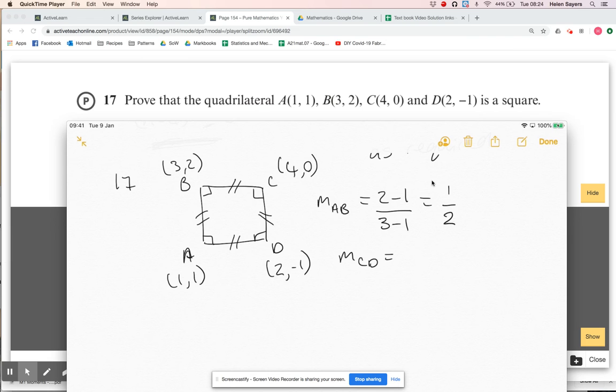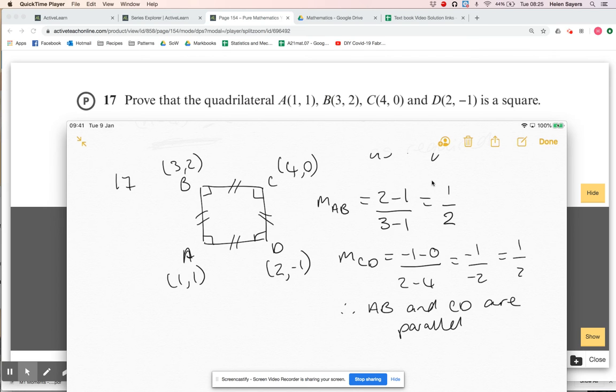For CD, change in y is -1 minus 0, looking at C and D now. So -1 minus 0 for change in y, and 2 minus 4. That would give me -1 over -2, which is a half. So AB and CD are, I'm having a moment there, but they're parallel.